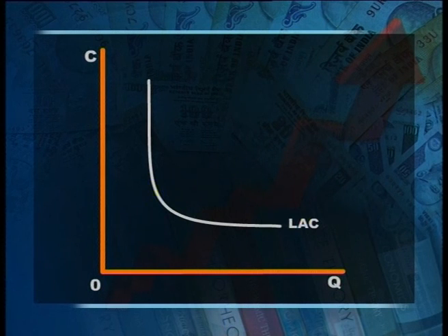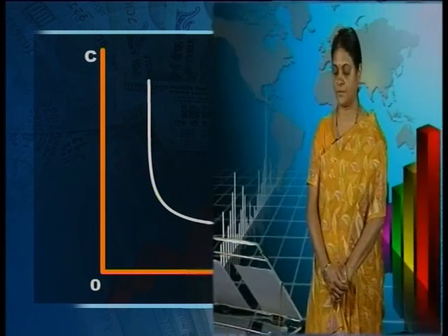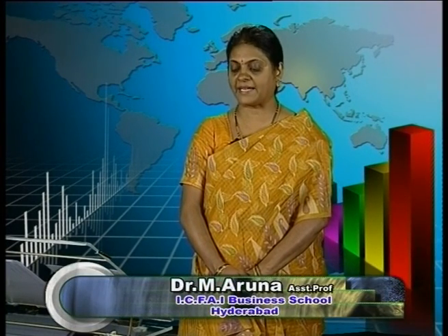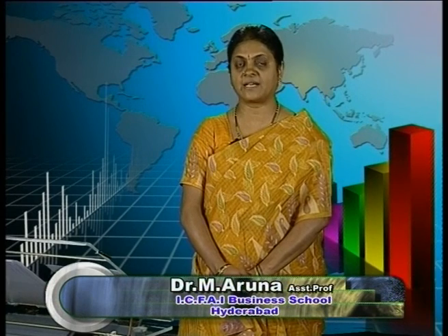Now, the L shape of the LAC indicates a decrease in the production costs more than the rise in the managerial costs. As a result of this, the long run average cost falls smoothly and remains constant as output expands.